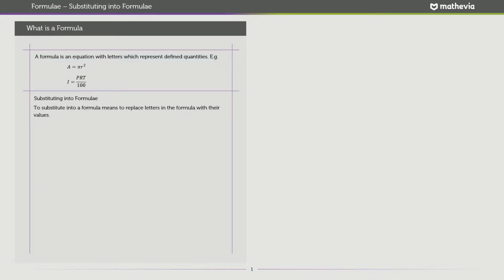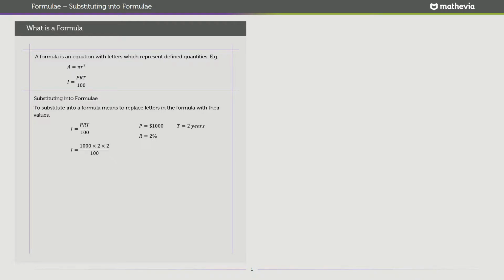You're given a formula and you're given values to substitute into the formula to get your desired outcome. So you have interest as principal times rate times time, and you're given your principal as $1,000, your rate as 2%, your time as 2 years.